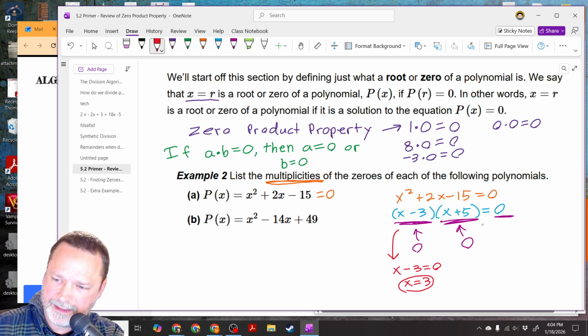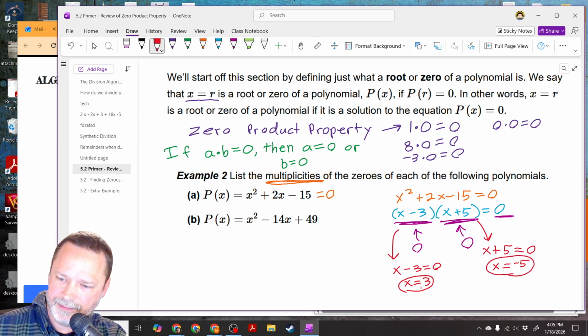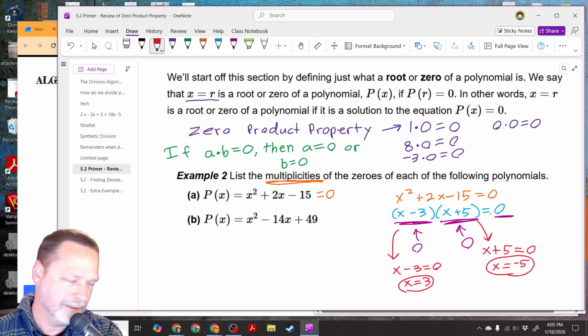Similarly, we could say that x plus 5 equals 0. Then x would have to be -5. So we get another solution, because if we plug in 3 or -5, it doesn't matter. Let's go with 3. If I plug 3 in here, I get 3 minus 3 is 0, and 0 times anything is 0.